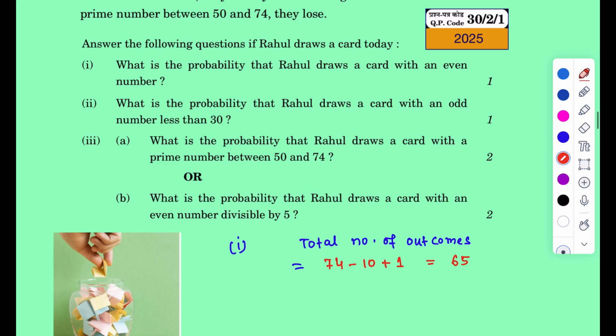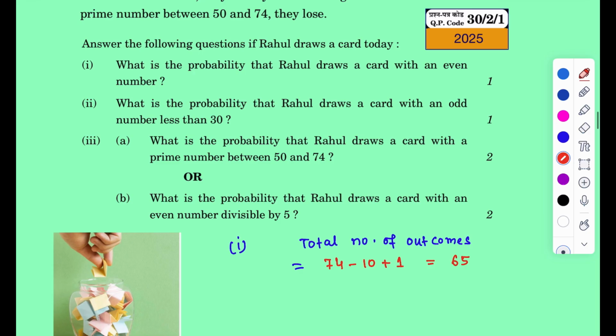First event is, what is the probability that Rahul draws a card with an even number? If we draw an even number, the team wins. This one, even number, team wins. And what is the probability that Rahul draws a card with an even number?